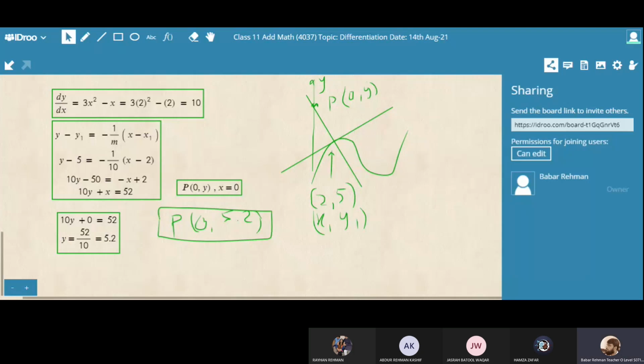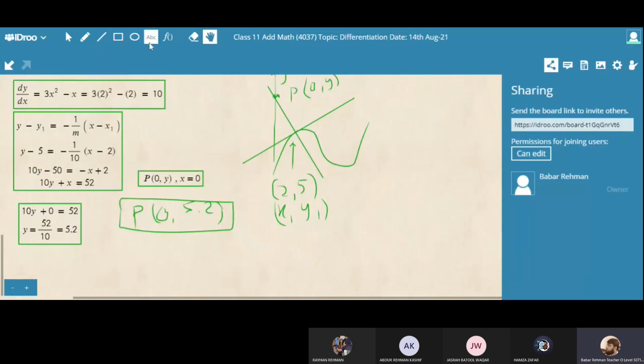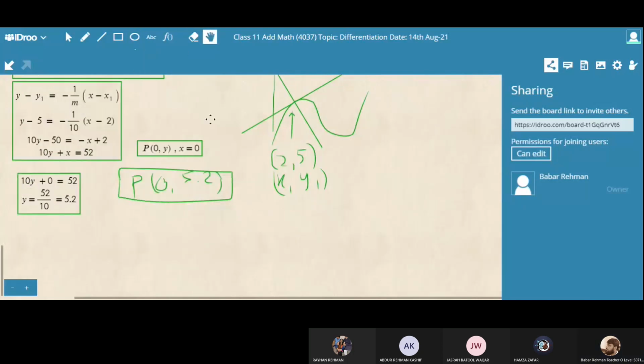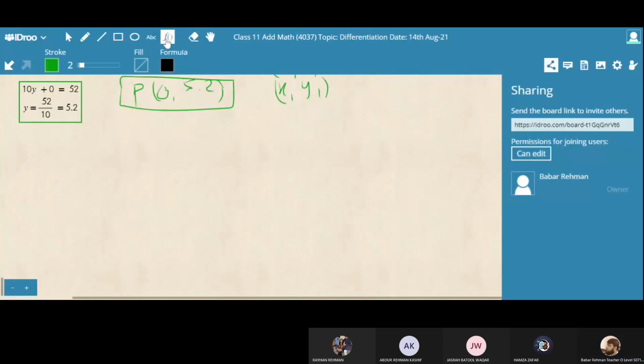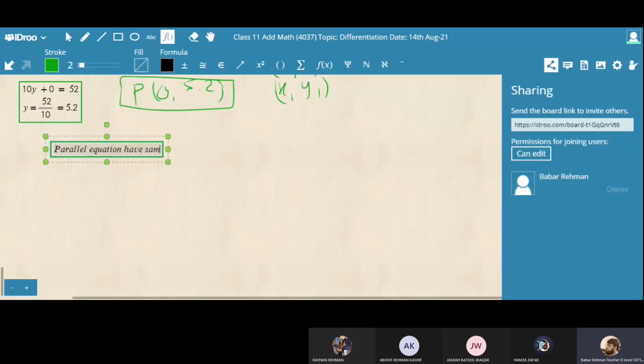If one equation is parallel to another, I'm writing here: parallel equations have the same gradient. This is the only concept.